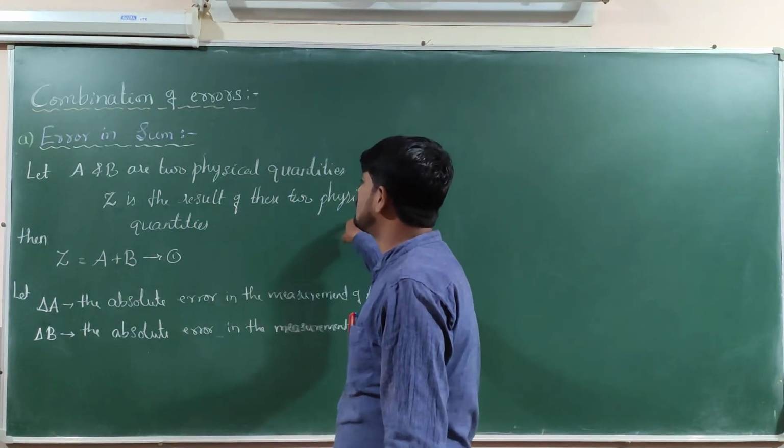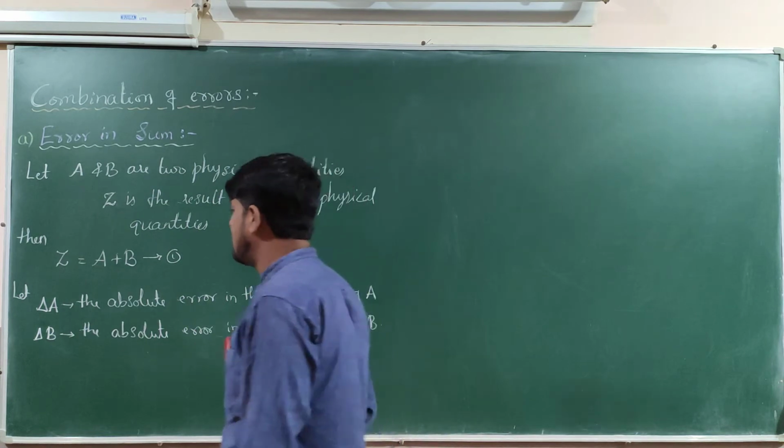Z is the result of these two physical quantities, A and B.